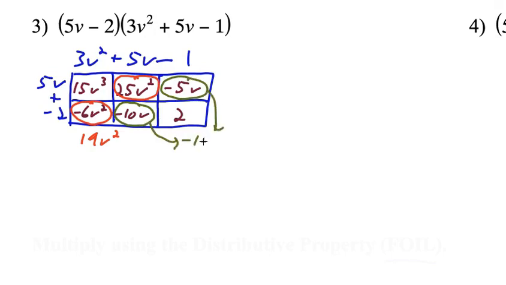That's negative 15v. All right, we are ready to write the product of 5v minus 2 times 3v squared plus 5v minus 1. That equals 15v cubed plus 19v squared minus 15v plus 2.